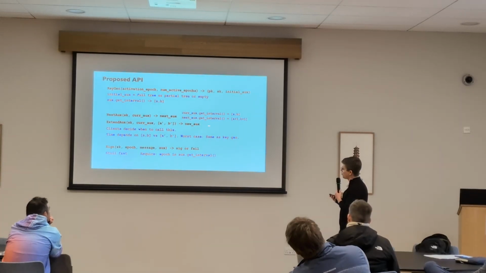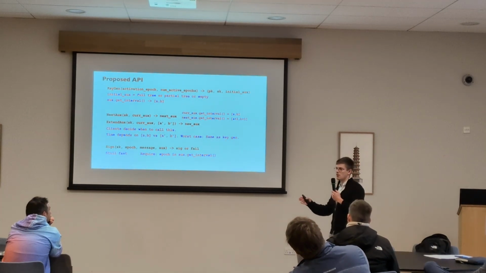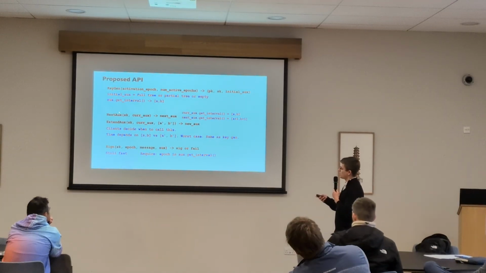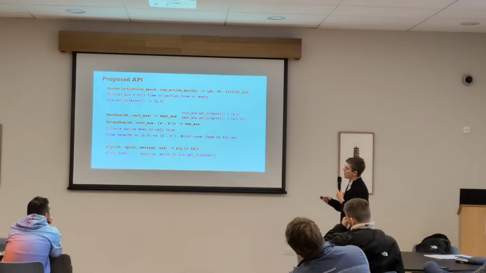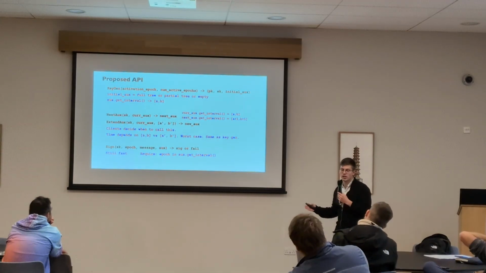And maybe we don't even need this in full generality. Maybe this function next aux is sufficient, where we just say, okay, I want to be prepared for the next epoch. And then I call this in some thread way before I have to sign for that slot. And then I'm prepared.